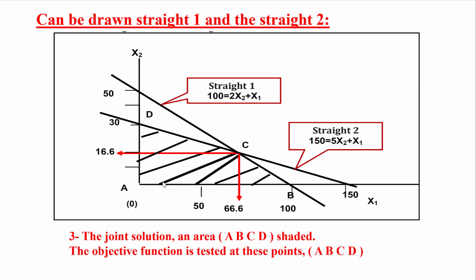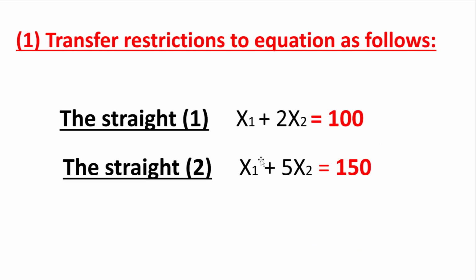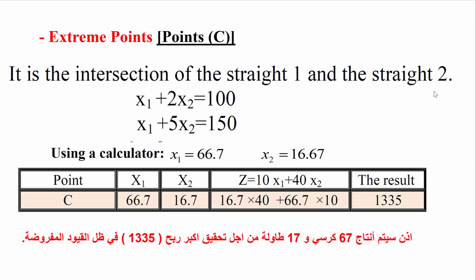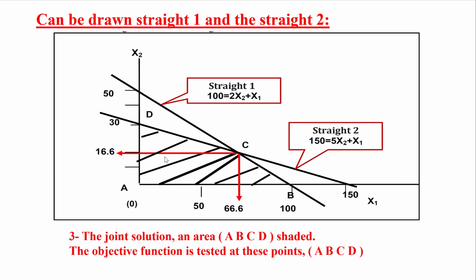So the joint solution will be this region A, D, C, B, or A, B, C, D. Why? Because constraint 1 is x1 plus 2x2 less than or equal to 100, and constraint 2 is x1 plus 5x2 less than or equal to 150. So this is the feasible solution, or the joint solution.